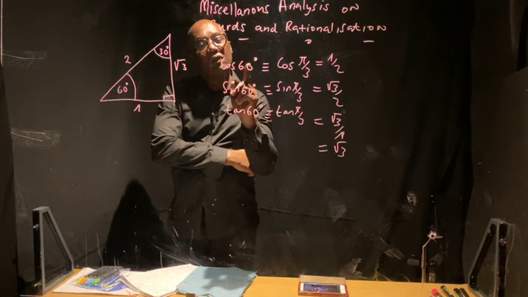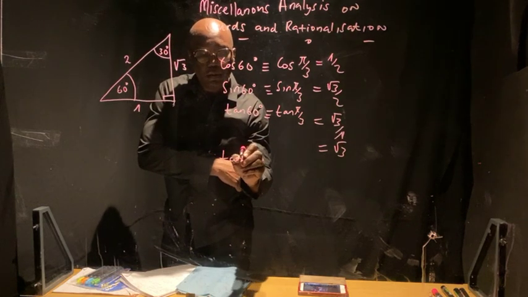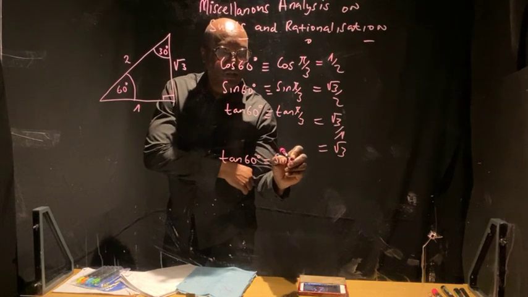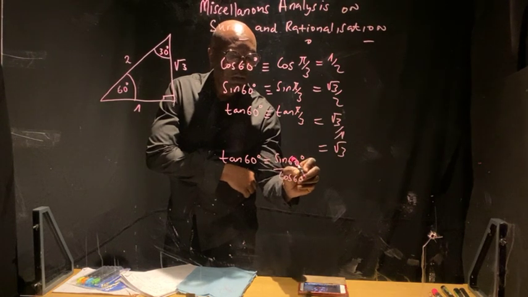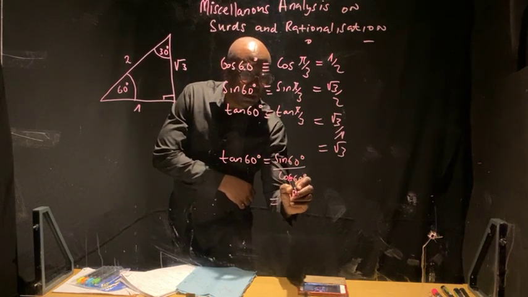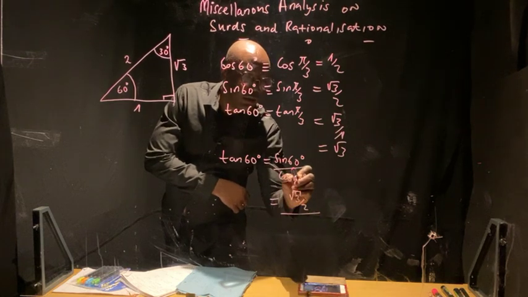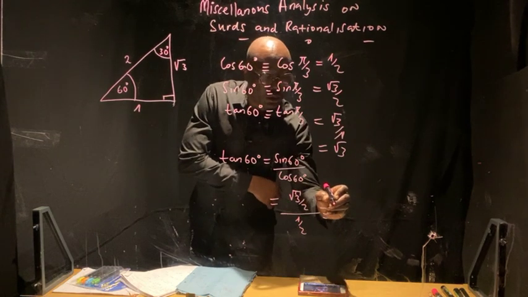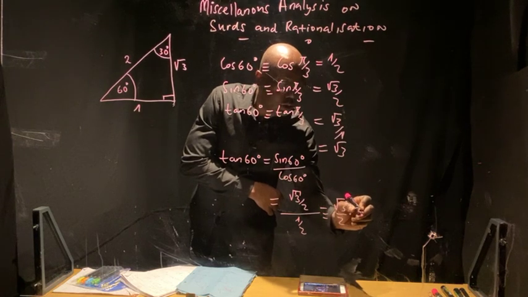There's a way we can also find tan 60. Tan 60 is equal to sine 60 over cos 60. Sine 60 is root 3 over 2, over cos 60 is half, which is equal to root 3 over 2 times 2 over 1.